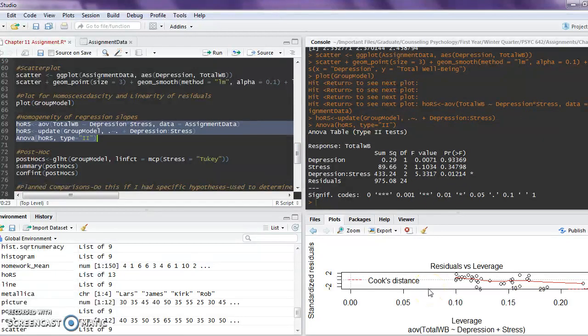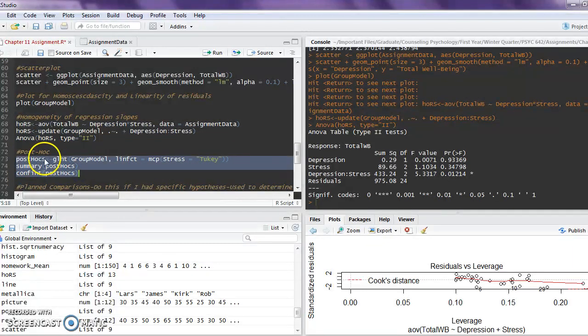So here we actually see it. We're not really focusing on this, but more on this right here, because this is saying that there is an interaction here, and within that interaction, with one of those groups, there's a significant difference in one of them. And this is not good, because we're violating the assumptions.